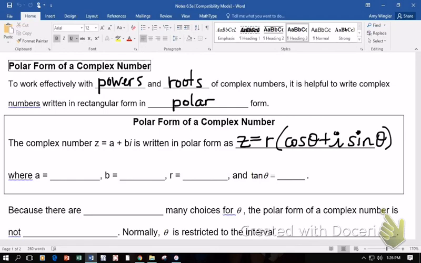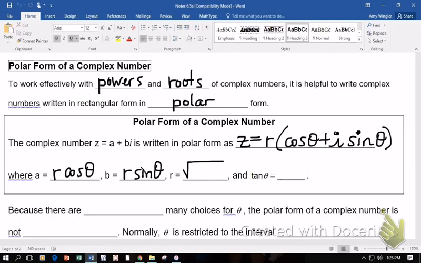When we're converting between rectangular and polar form of a complex number, you're not going to see x's and y's anymore. You're going to see a's and b's. But the formulas are going to be the same as what we learned on the first day in this section. A is r times the cosine of theta. B is r times the sine of theta.